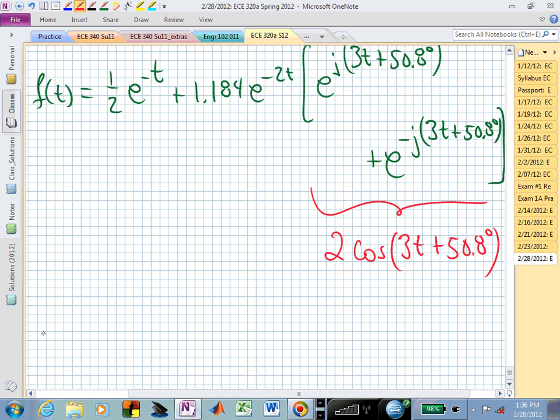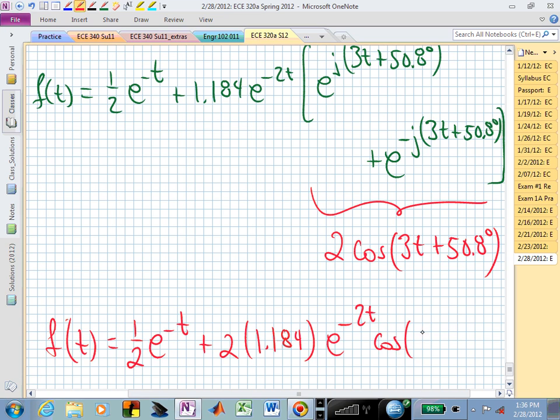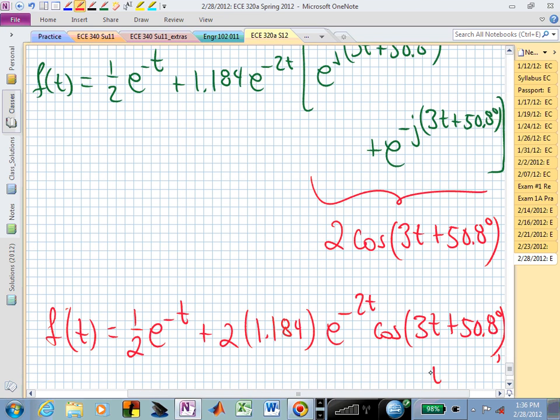Consequently, our f of t becomes 1/2 e to the minus t plus 2 times 1.184 e to the minus 2t cosine of 3t plus 50.8 degrees. And that's true for t greater than or equal to 0.